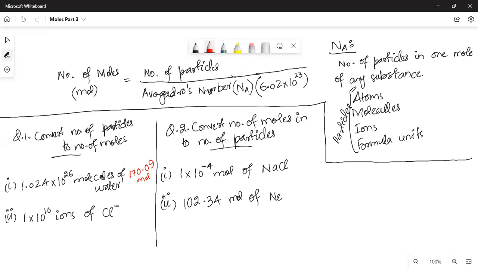Okay, and I hope what you did in this question was pretty simple. 1.024 into 10 raised to power 26 was divided by, as the simple formula says, 6.02 into 10 raised to power 23. Good.